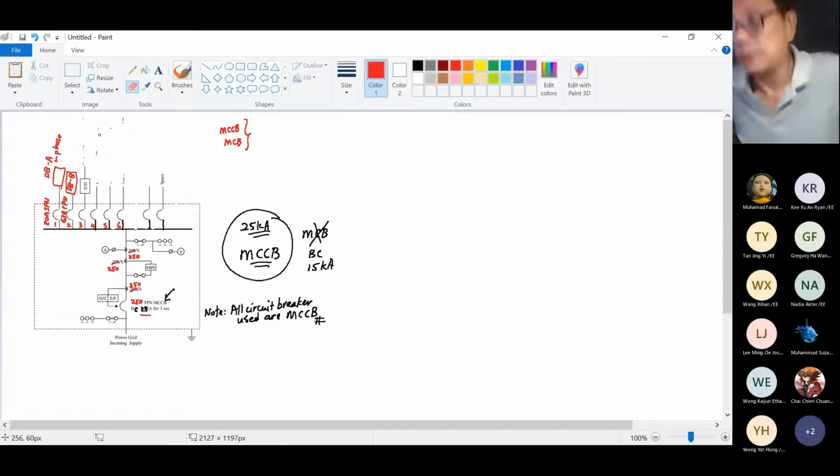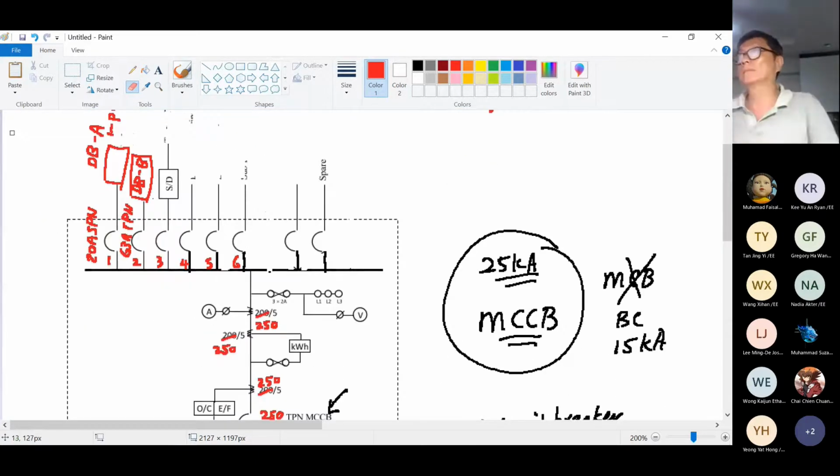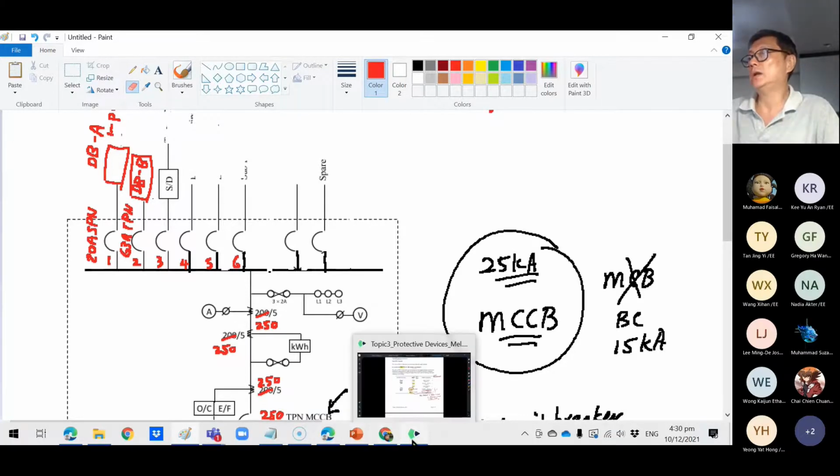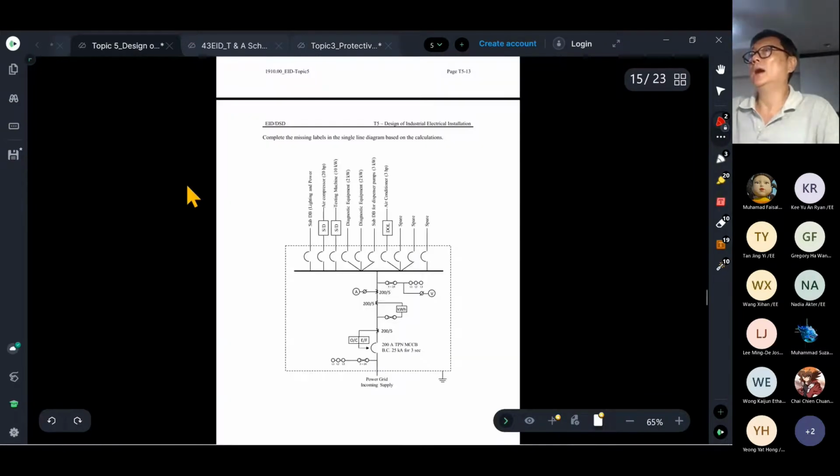Anybody, any question about the single line drawing, how to draw? Anybody got any question about drawing the single line diagram? So please go to your lecture note, topic 5. Look at the example here.